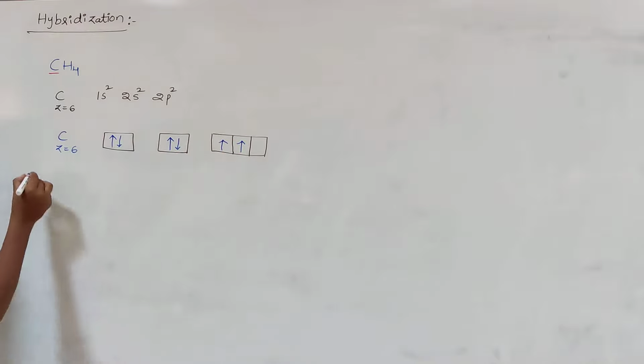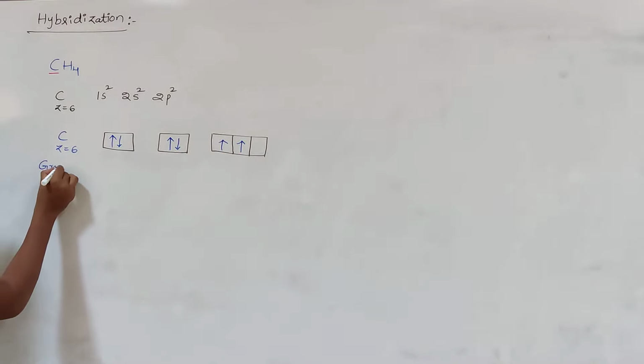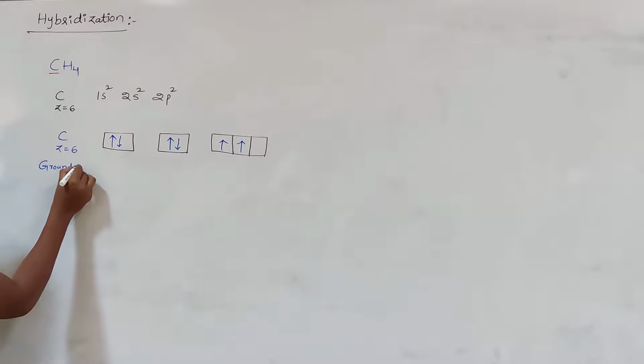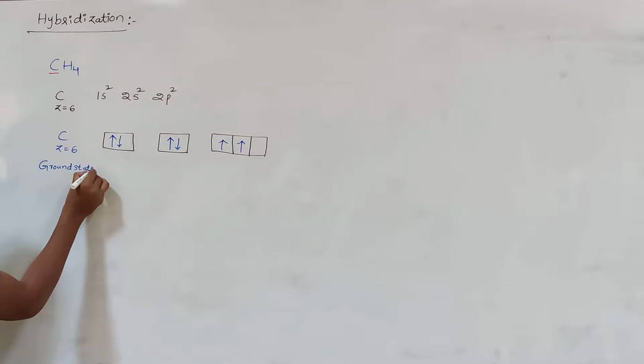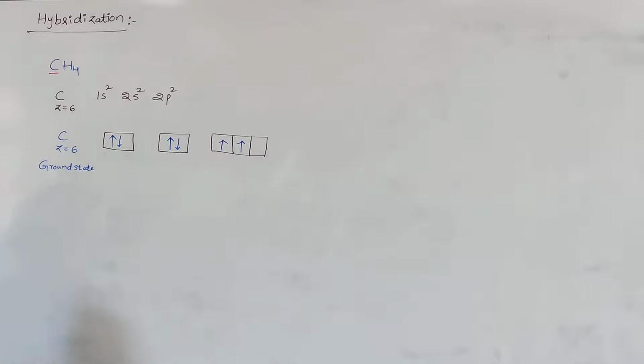This is the ground state electronic configuration of carbon. In the ground state, only 2 half-filled orbitals are present, that is, 2 unpaired electrons.